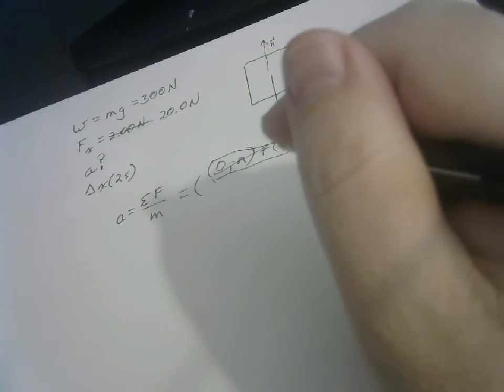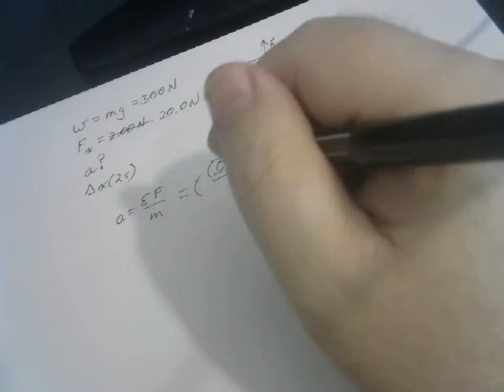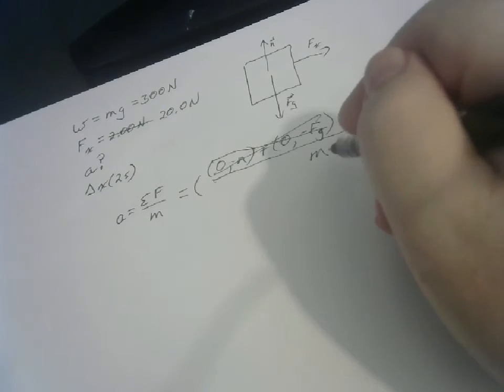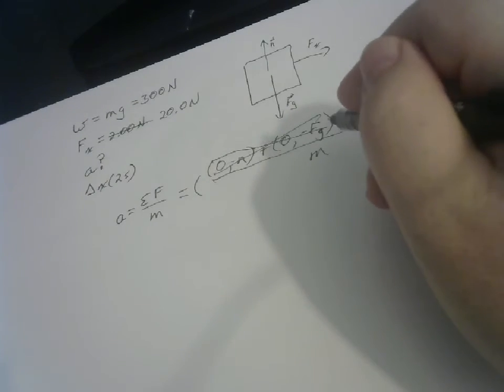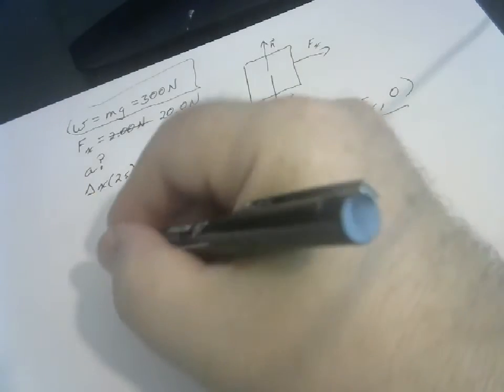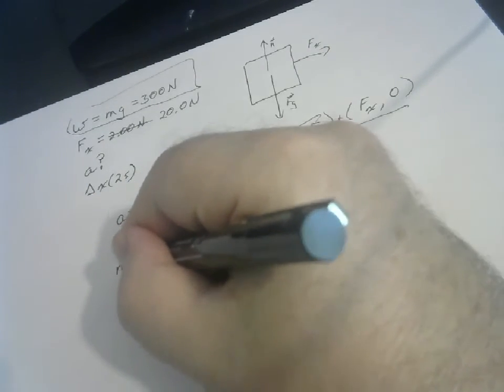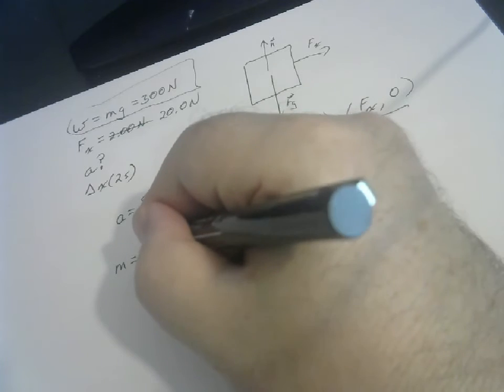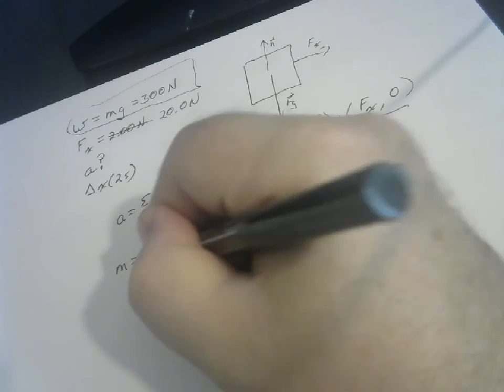So basically, we need to find out what m is. m is going to be, according to this equation, w over g.